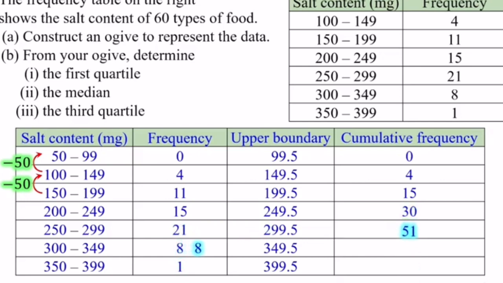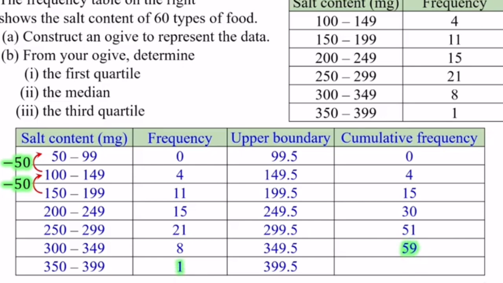Because there are 60 types of food, the total quantity is 60. So finally, the last cumulative frequency you get will be equal to the total sample space, which is 59 plus 1, equal to 60 types of food.